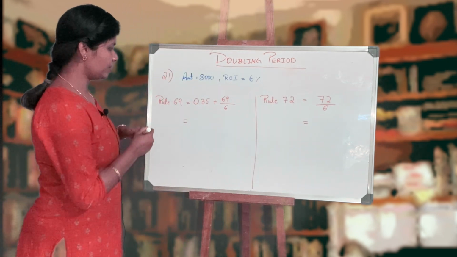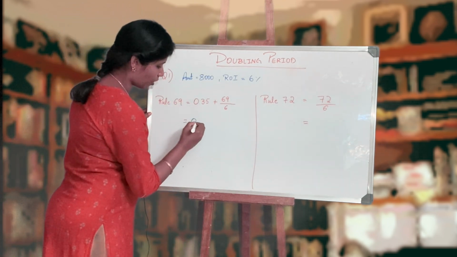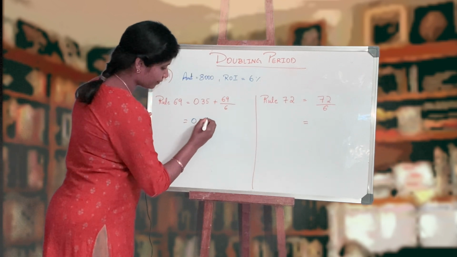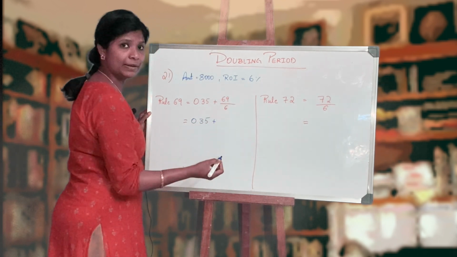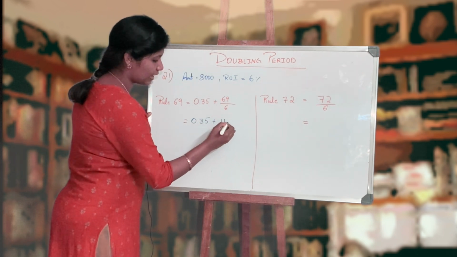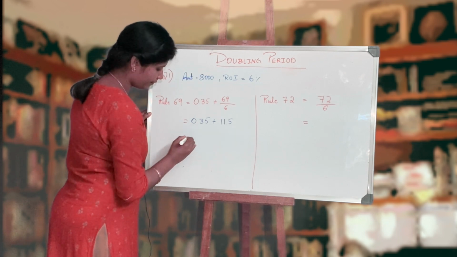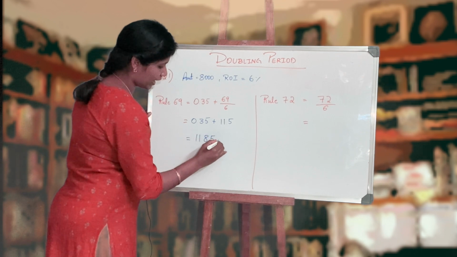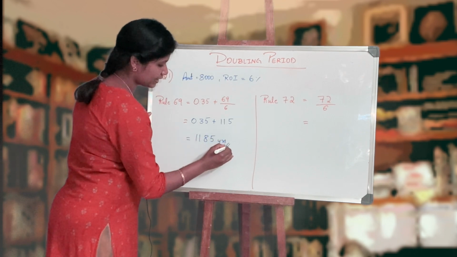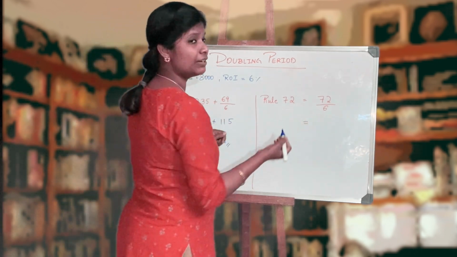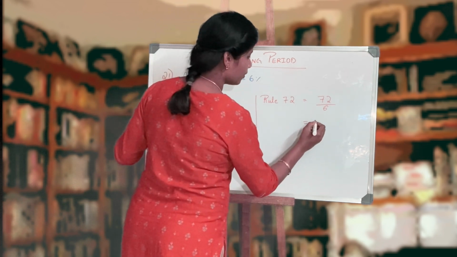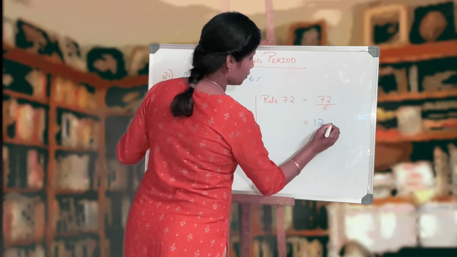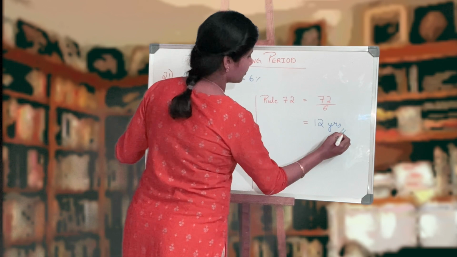Let's solve this question. So 0.35 is your constant, plus 69 divided by 6 will give you 11.5. So the answer will be 11.85 years, and 72 divided by 6 will give you 12 years.